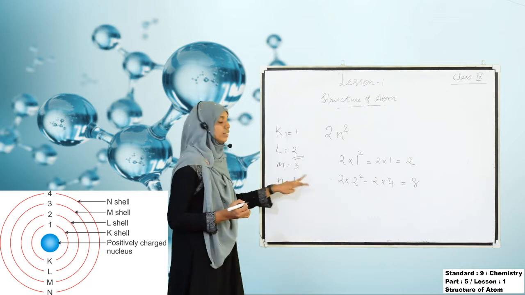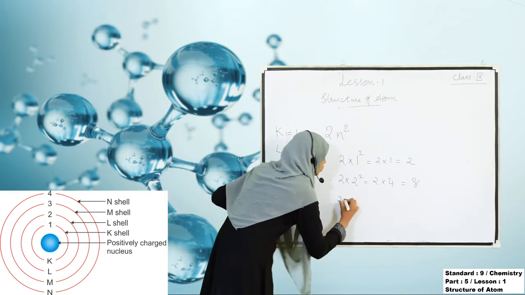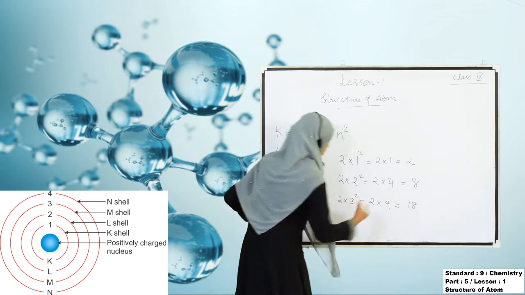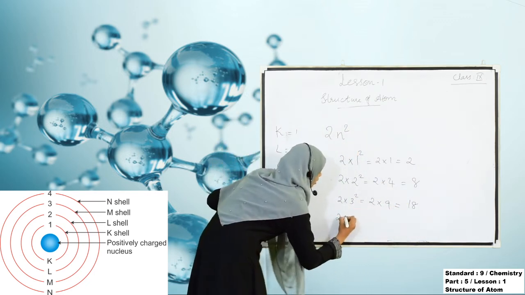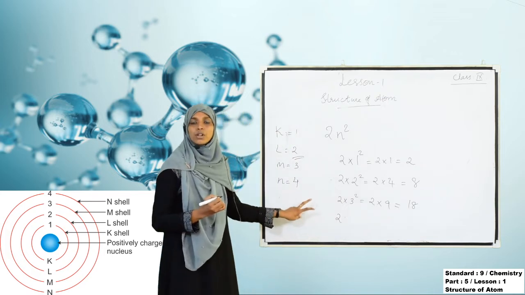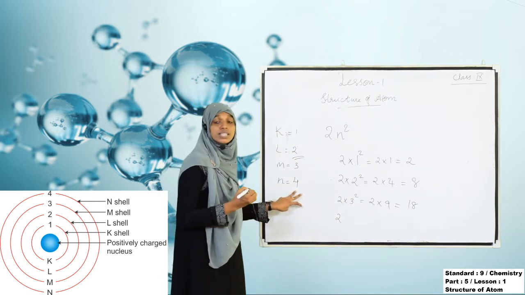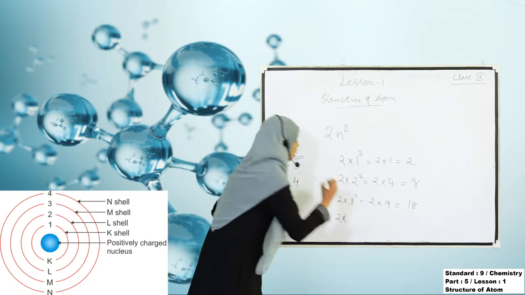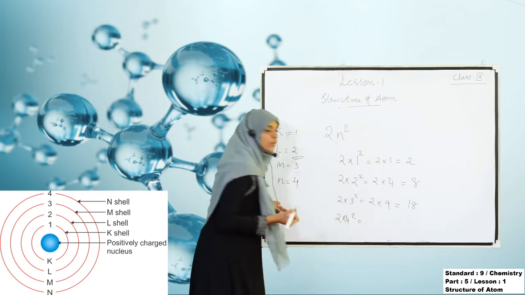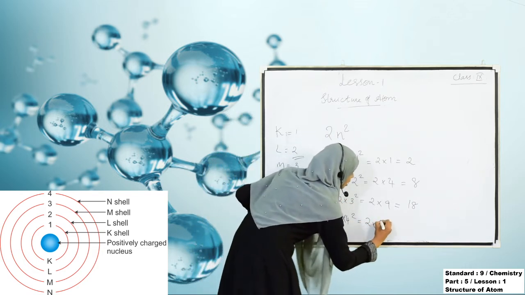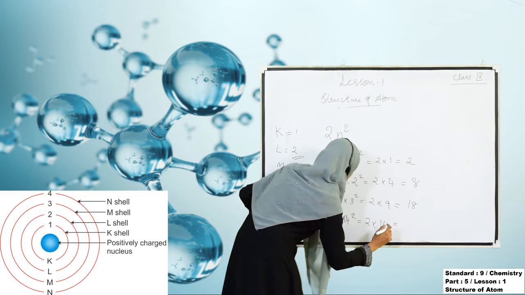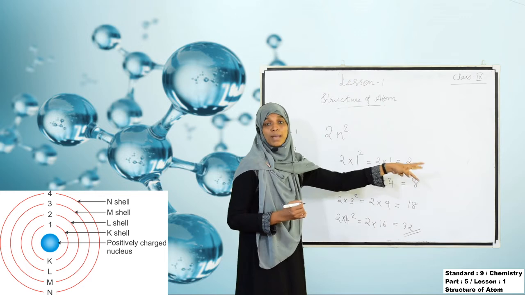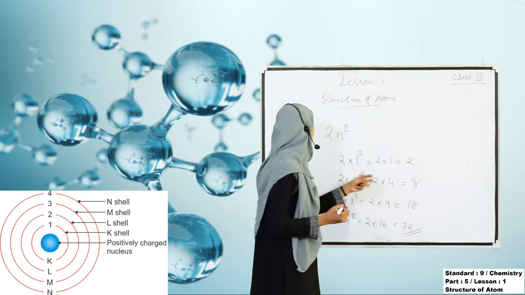In M, the number is 3, then we can write 2 into 3 square, which is 2 into 9, 18. Then the last one, the N shell, the energy level is 4, then we can write 2 into 4 square, 2 into 16 is equal to 32.